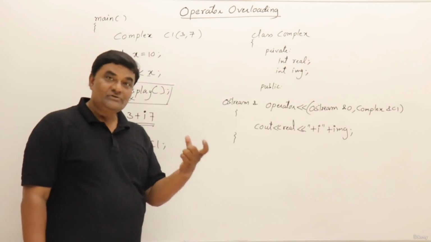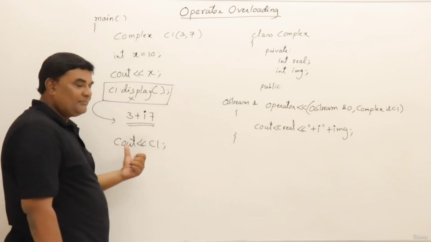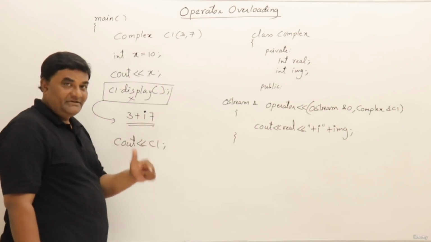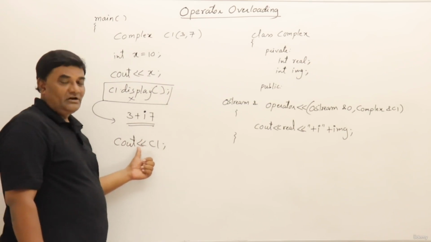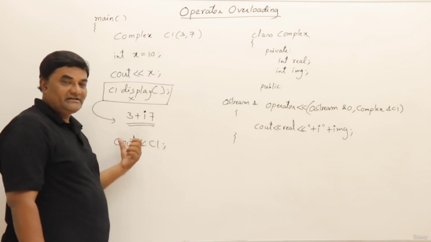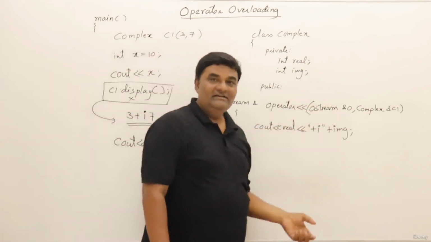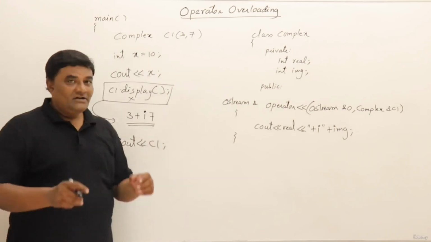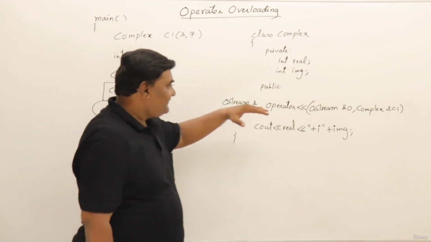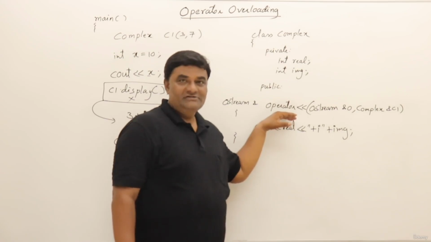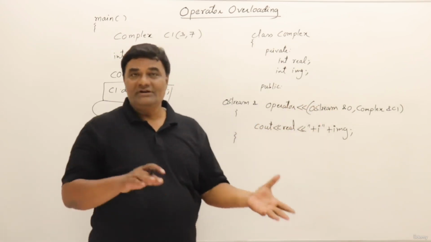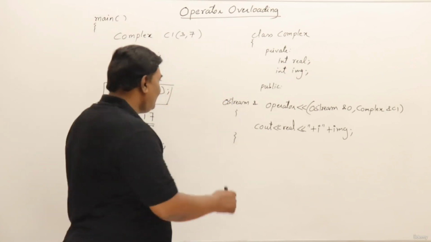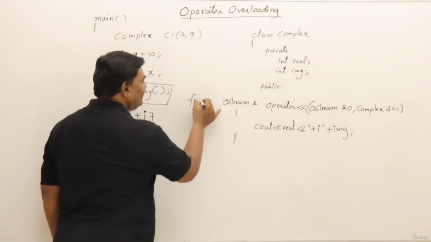So this is the signature. I have to pass two parameters: the output stream object as well as the complex number object. This is the method in C++. This is the operator, taking two operands, and it is returning cout so that it can be continued in the same line. Now one more important thing. As this operator function is taking two parameters of two different types of objects, it cannot belong to the complex number class, so I have to make it a friend.